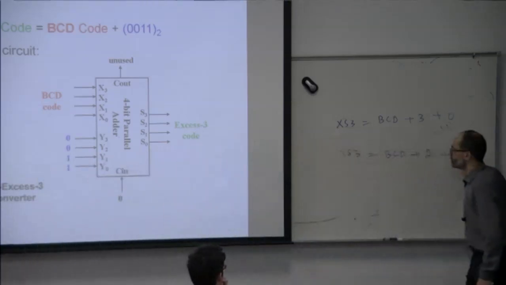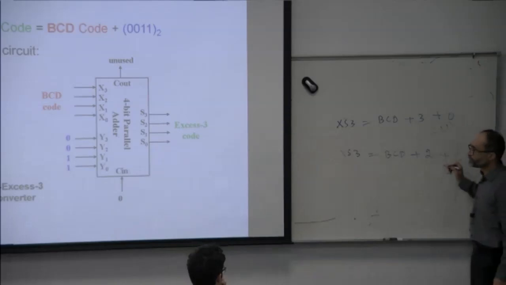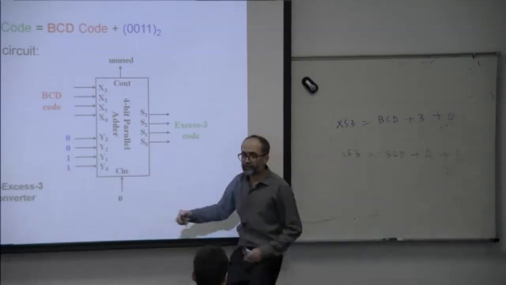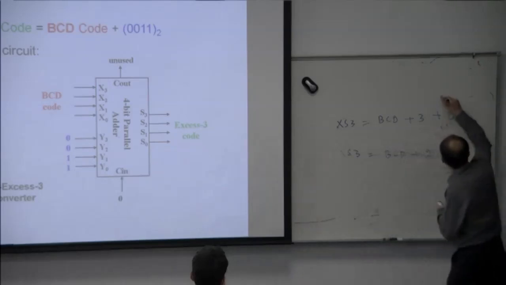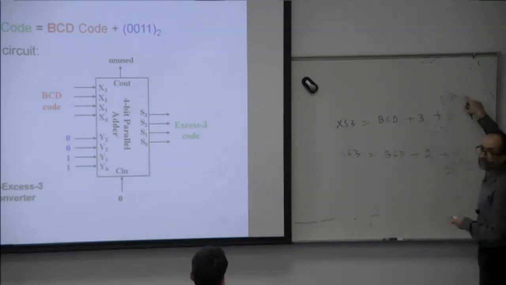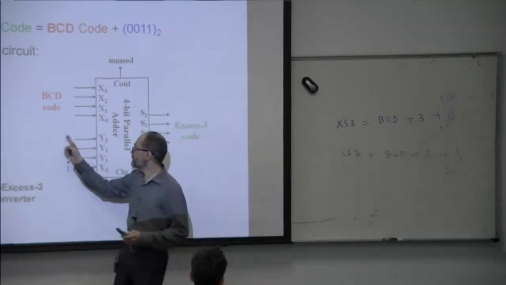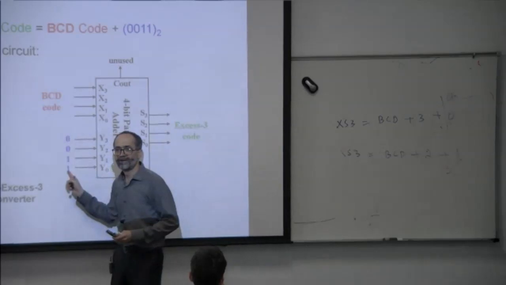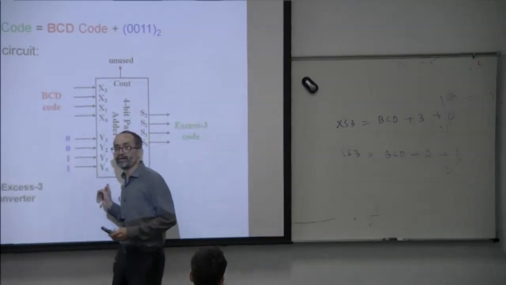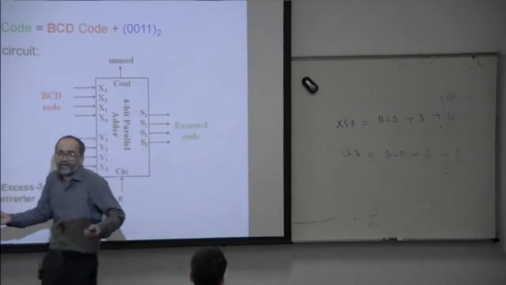What is 2 plus 1? In this case, this is your Cin. In this case, Cin is 0. In the other case, 1. So if Cin is 1, we can make it 0010. So 2 plus 1, 3, 3 again.